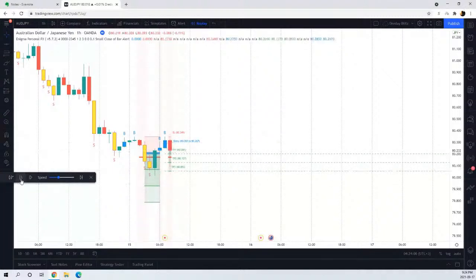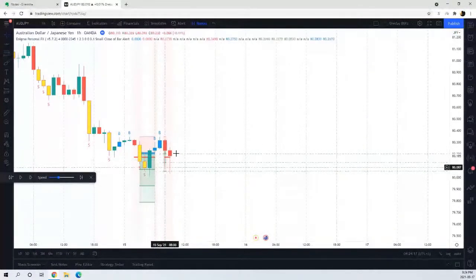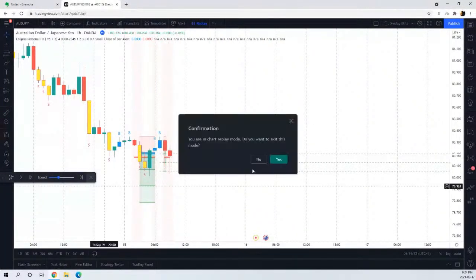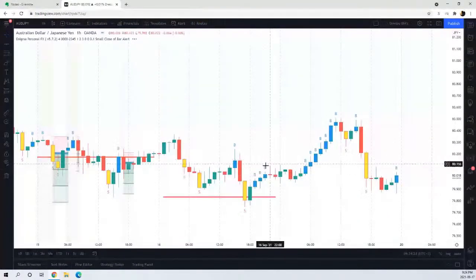Let's continue. Then next candle, it hit all of the TPs, 1, 2, and 3. That's amazing. Perfect. So let's continue.